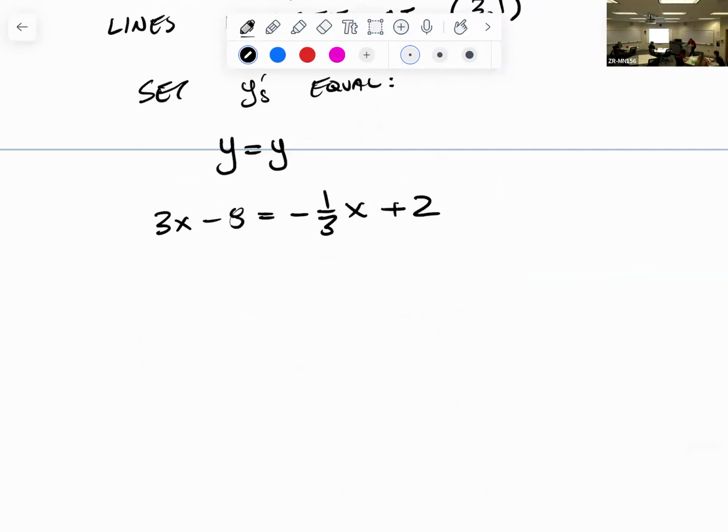So I have my two equations. With this one, I have fractions, so what do we like to do? It's a good time to refresh on this one more time. Multiply everything by the reciprocal. Multiply the left side, multiply the right side. What is the common denominator here? 3. So actually, that's pretty good.